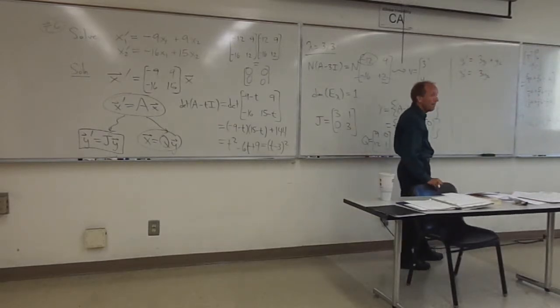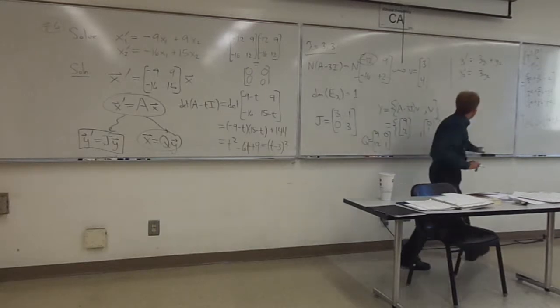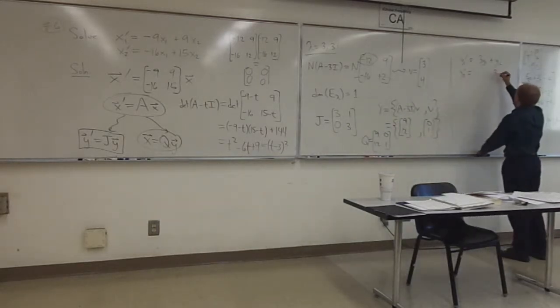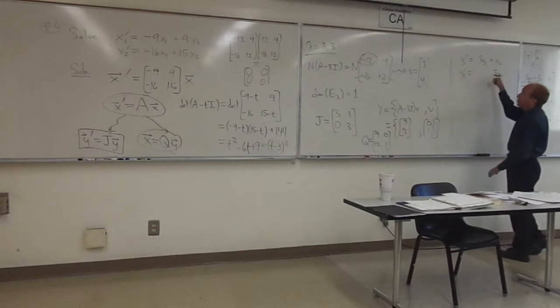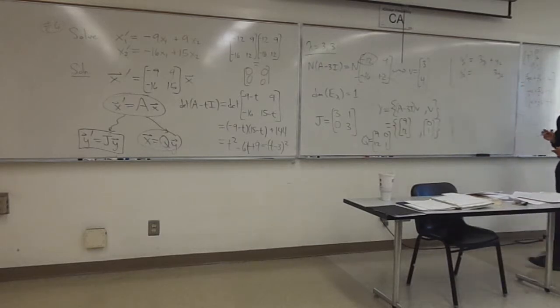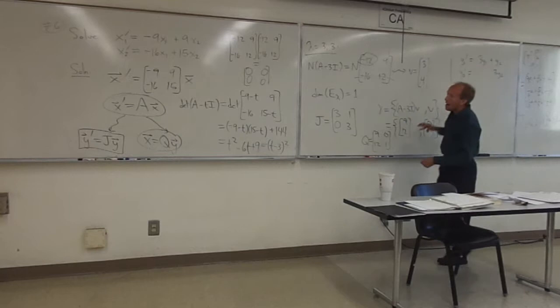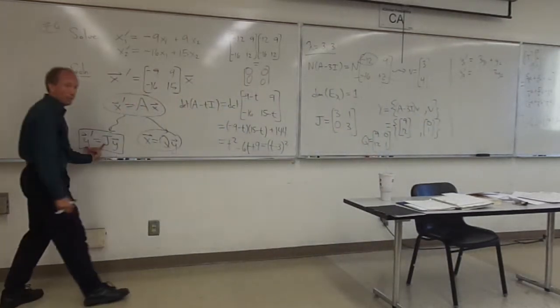Actually, it would be better if I write it with the 3y2 like that. So you see 3, 1, 0, 3. That's your J matrix. This is really just writing out this formula here.